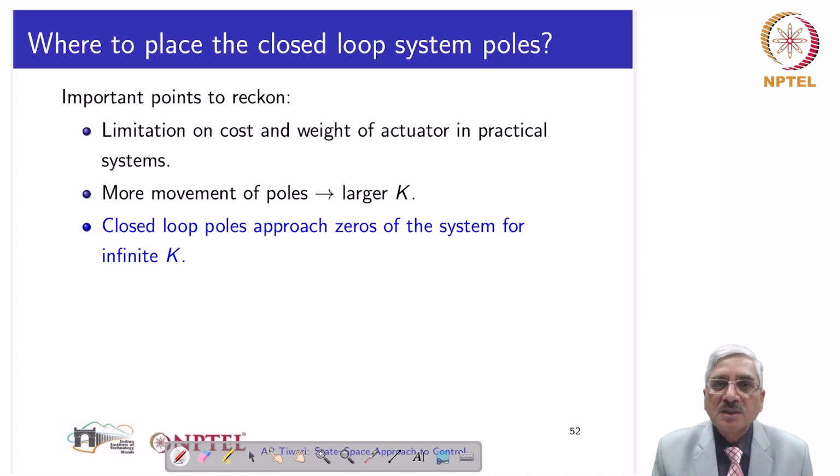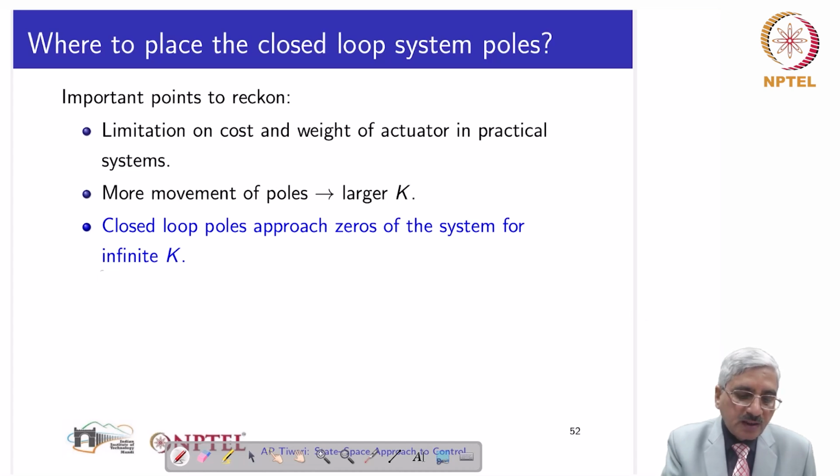If there are fewer zeros than poles, then some of the poles will move to infinity. The poles which move to infinity, that is fine. They will move away and away as k increases. However, the poles which are going towards the zeros of the system will go only up to the zeros, even for infinite k.